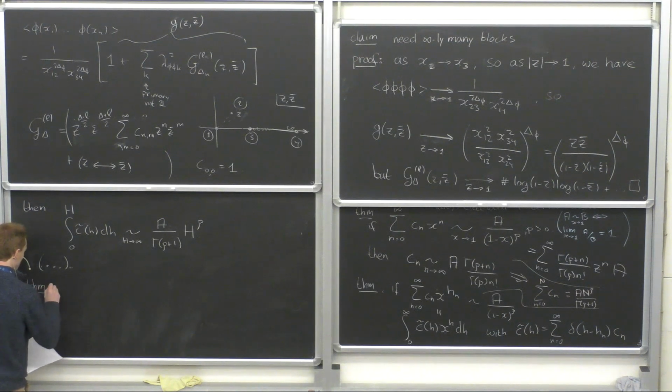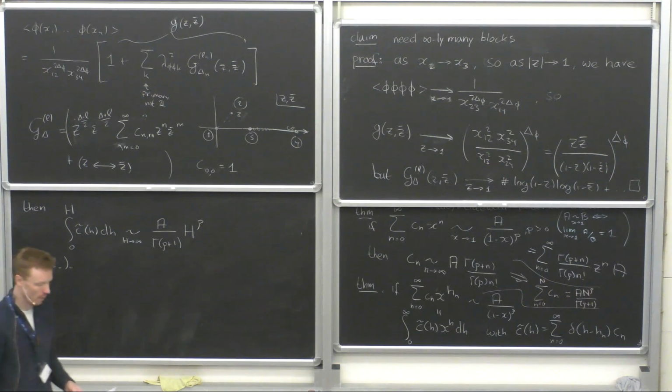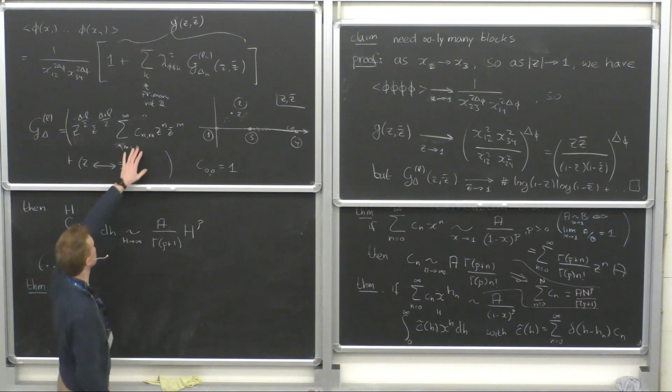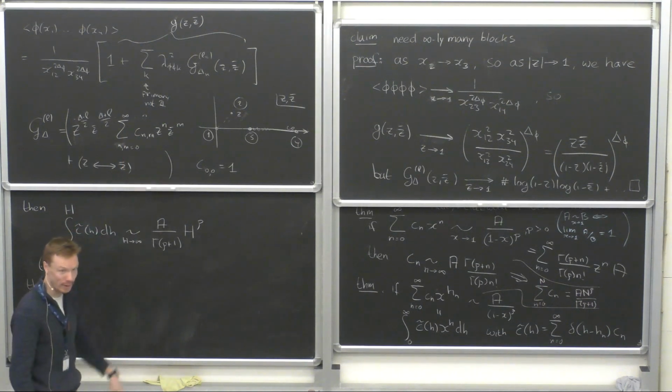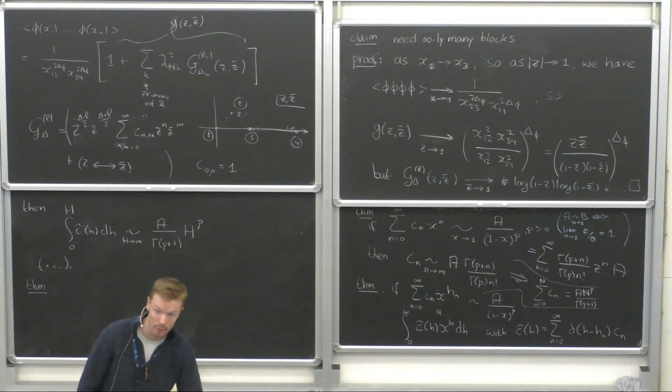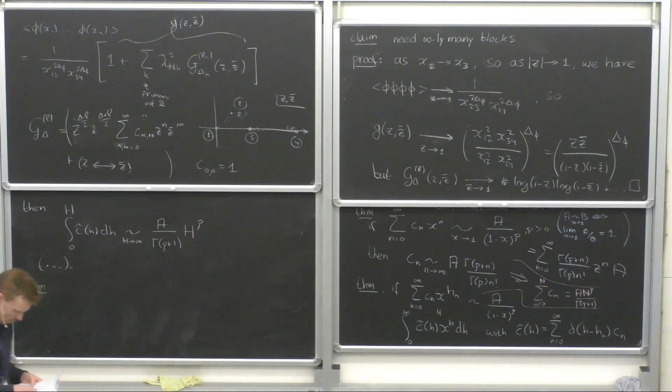But of course, ideally, we would like a better result, because this takes into account all these subleading contributions. Those are not so interesting for us. We would like to know what the OPE coefficients do.